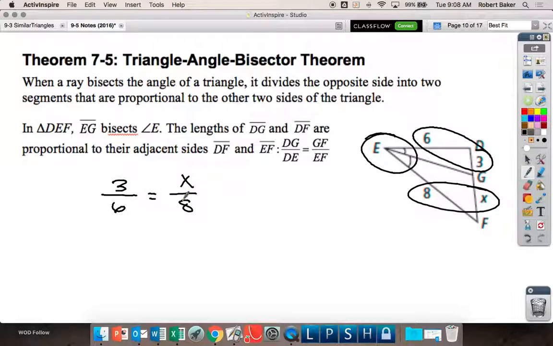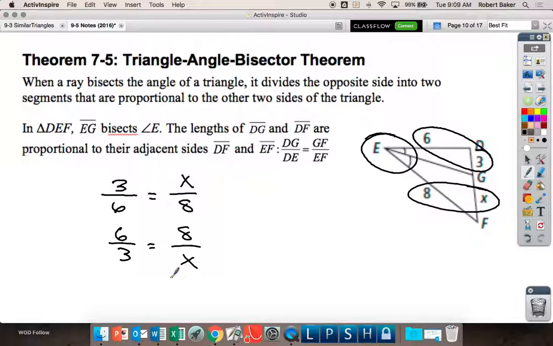Or you can say 6 over 3 is equal to 8 over x. So the same proportions. That's bisected side over side of the triangle equals bisected side over side of the triangle. So you can use 3 over 6 and x over 8, or 8 over x and 6 over 3. Okay, that's the angle bisector one.